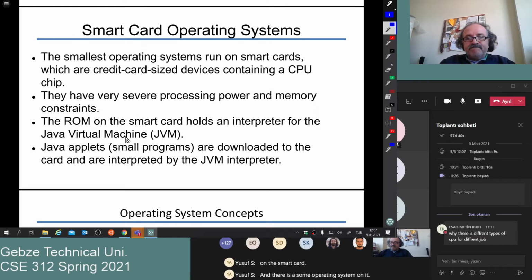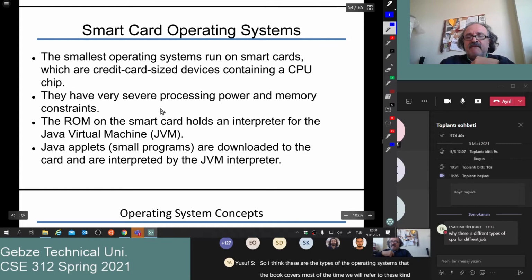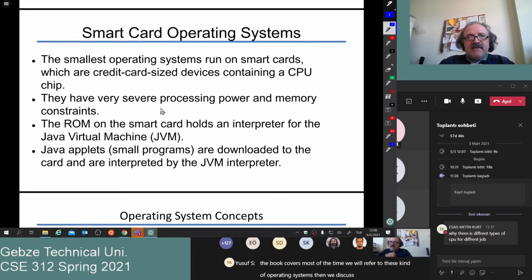Okay, good. So I think these are the types of operating systems that the book covers. Most of the time we will refer to these kinds of operating systems when we discuss operating system concepts.